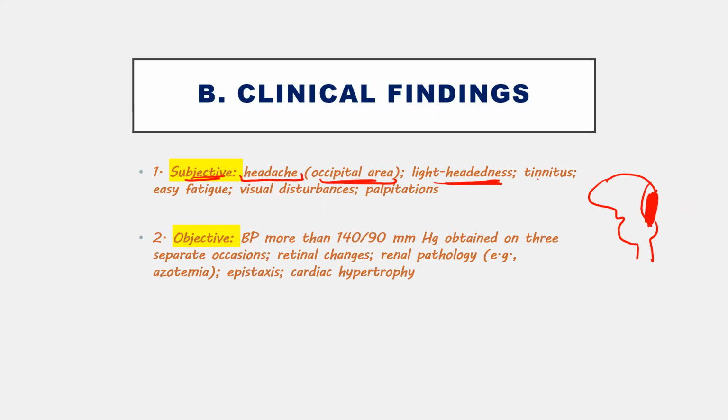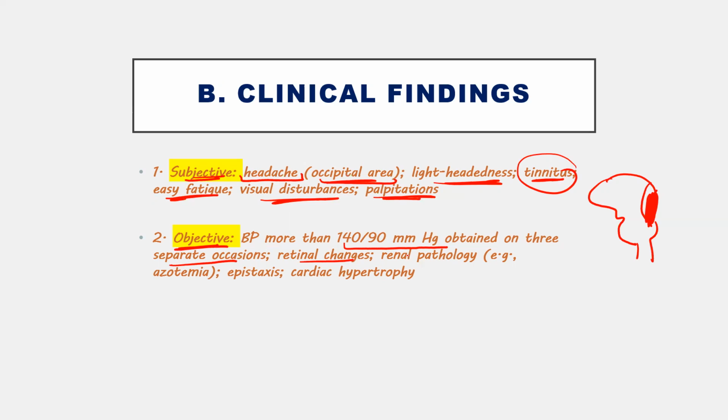Lightheadedness. Tinnitus can occur. There will be a sound or tingling sensation in the ears. Easy fatigue, visual disturbances, and palpitations. All these are the signs or patient reports. In objective data, we will observe that BP will be more than 140 by 90 mm Hg obtained on 3 separate occasions.